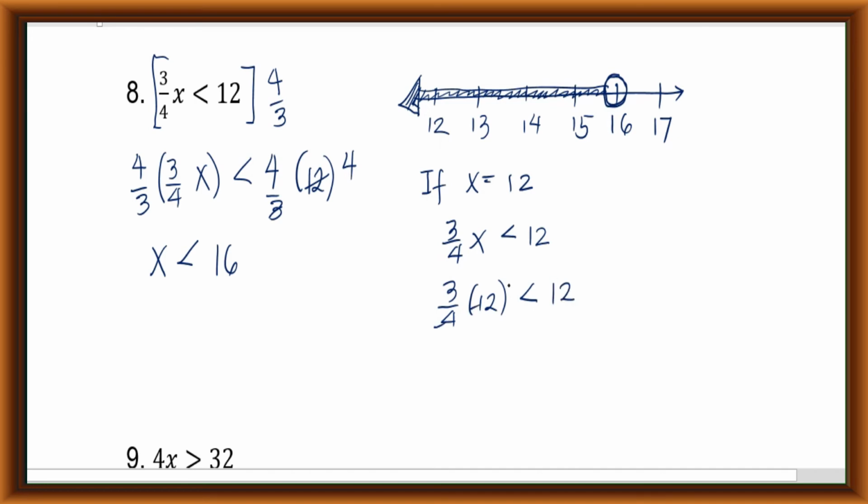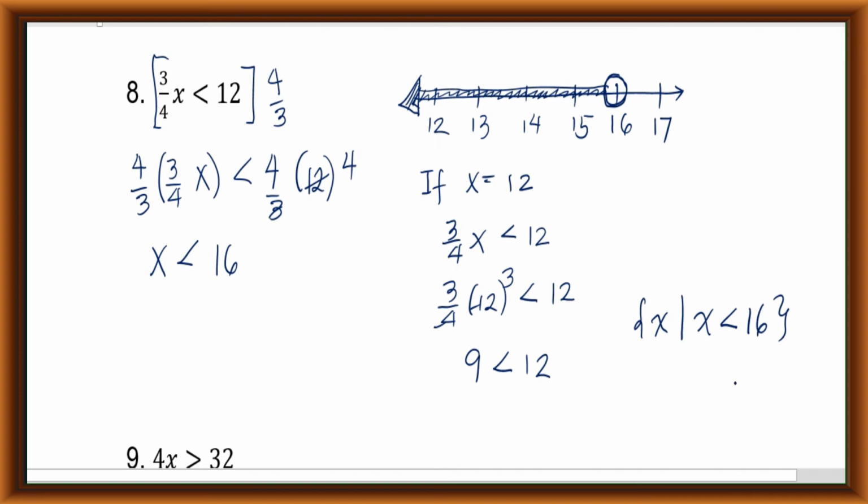So factored out, this will give us 3. So 3 times 3 is 9, which is less than 12. So this is correct. So therefore, our answer in interval form is x such that x is less than 16. So that is for item number 8.